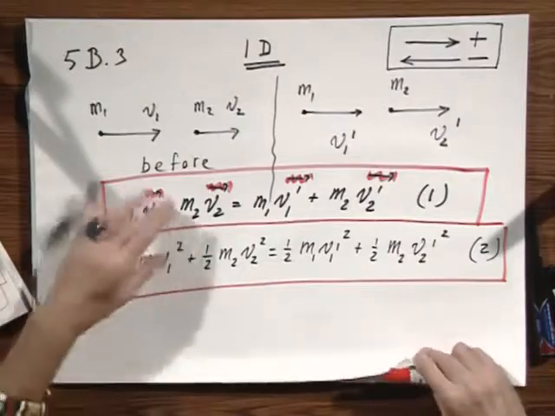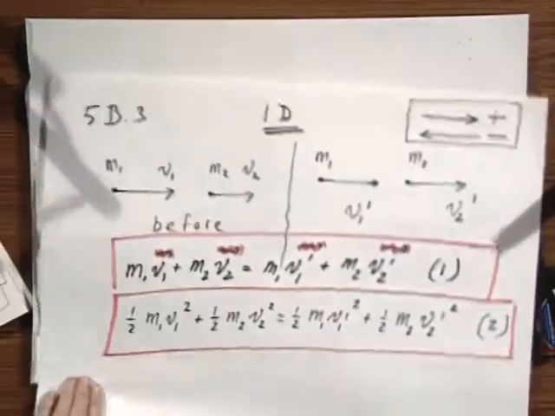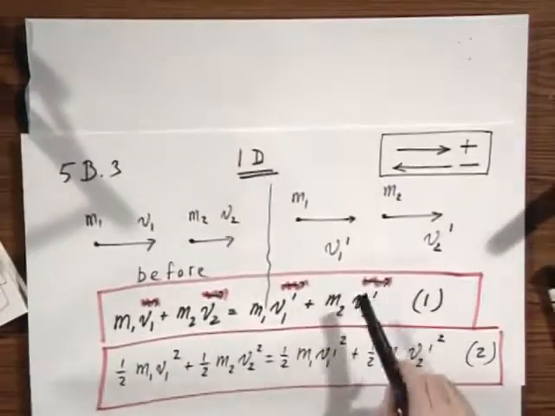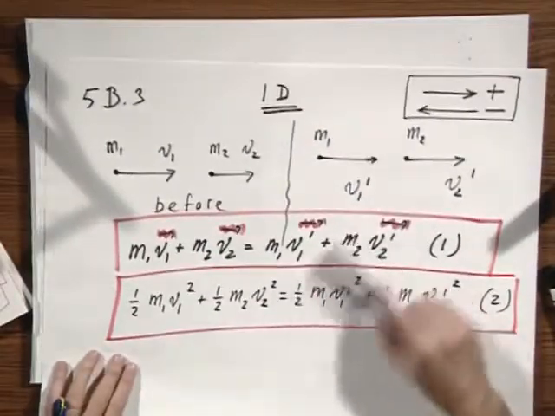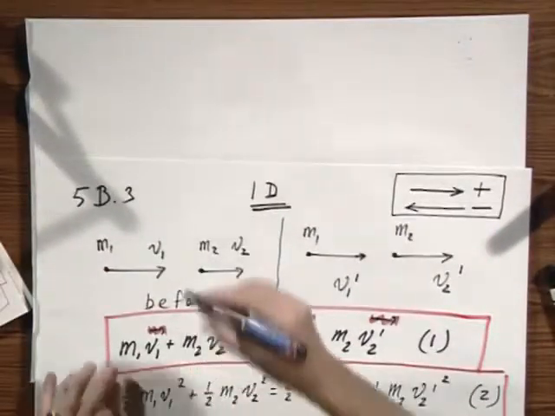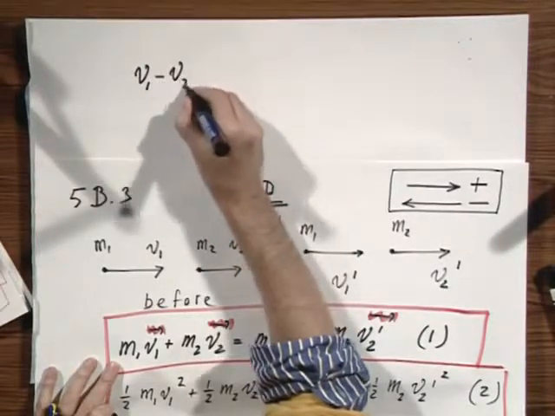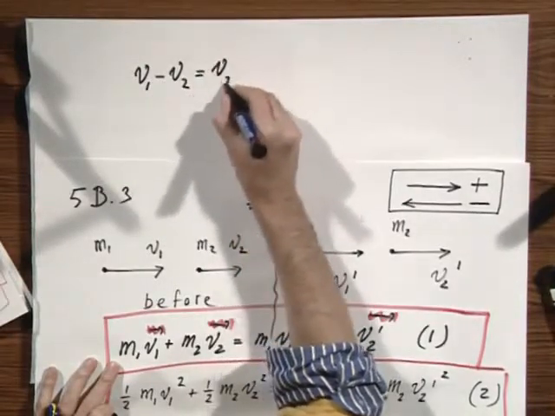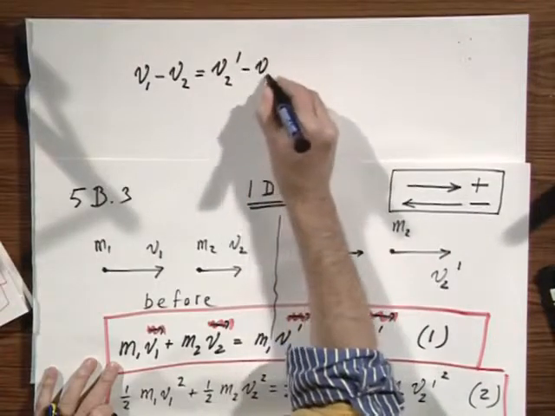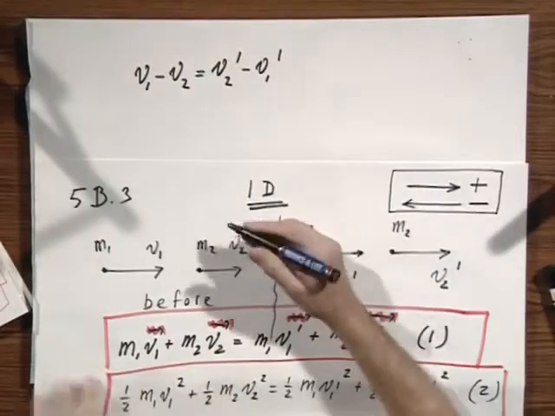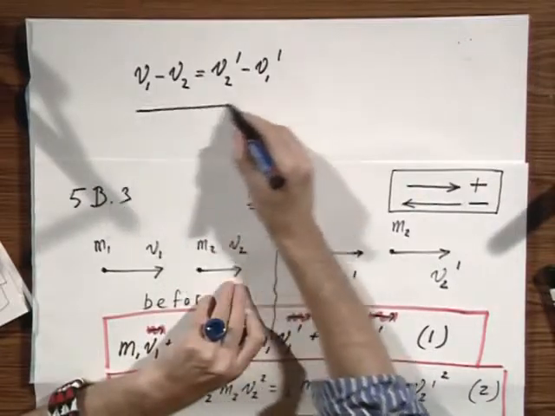If I massage this a little further, and I will let you do that, we have little time today, so you will have to do some massaging of this, you can then show that v1 minus v2 equals v2 prime minus v1 prime. And that is quite remarkable.